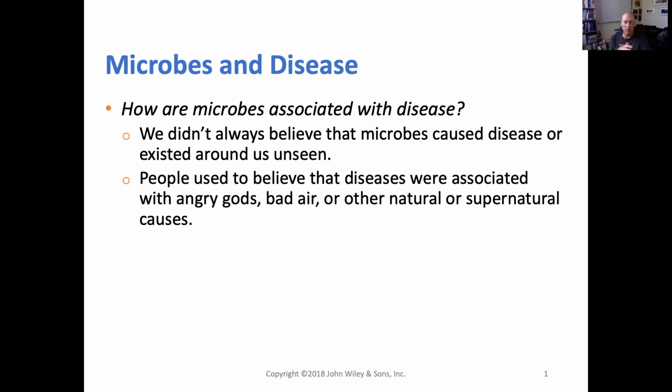People used to believe that infectious diseases were associated with angry gods or bad air or other natural or supernatural causes, right? And people have been suffering from diseases ever since civilization started. A lot of infectious diseases only really got going when people came together into communities and villages and towns, where they could easily transmit diseases from person to person.